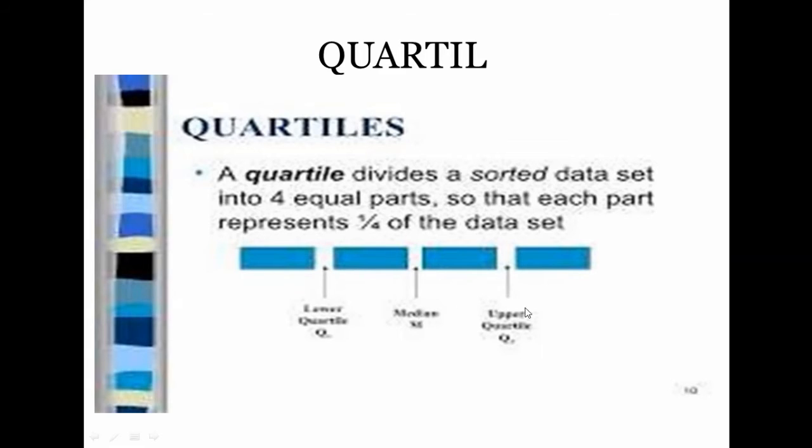But these 3 numbers divide the data into 4 equal parts. This is the first part, this is the second part, third part, and fourth part. Like you see over here, these blank white colors represent Q1, Q2, and Q3. So the data is divided into 4 equal parts. These numbers are called quartiles, and each part represents 1 by 4 of the data set.